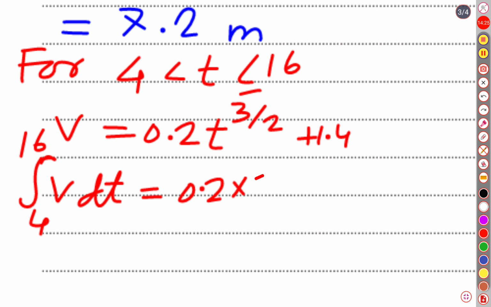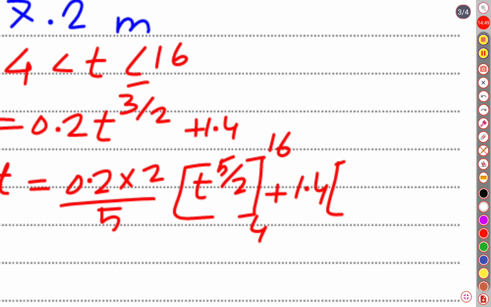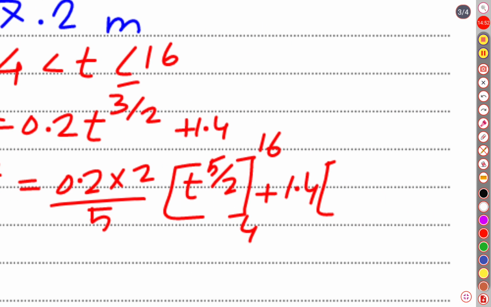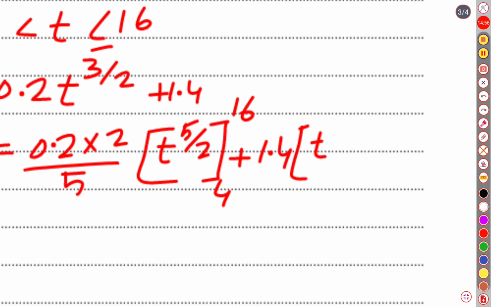So we write 2 over 5, and the exponent of t will increase by 1, that is 5 over 2, and the limit is from 4 until 16 seconds, plus 1.4. If we integrate this, it will be t, and the limit is 4 until 16 seconds.